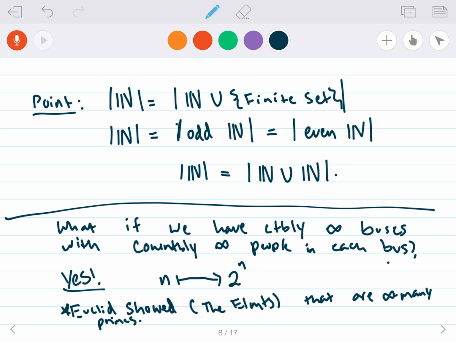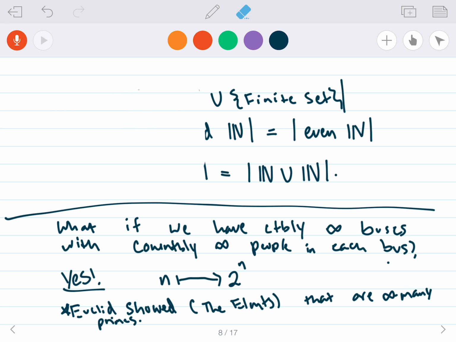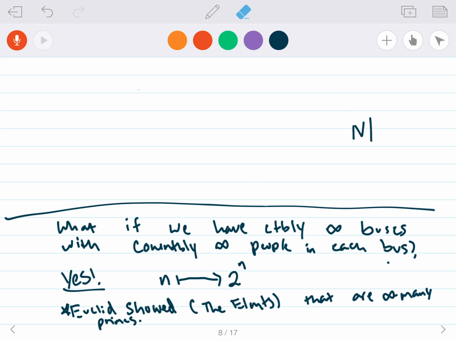I'm running out of room, so I'm going to erase this and write it up here. So Euclid showed that there are infinitely many primes, and now everybody in the hotel has shifted to room 2 to the N. So room 3, room 9, room 5, room 25, all of these rooms are open.